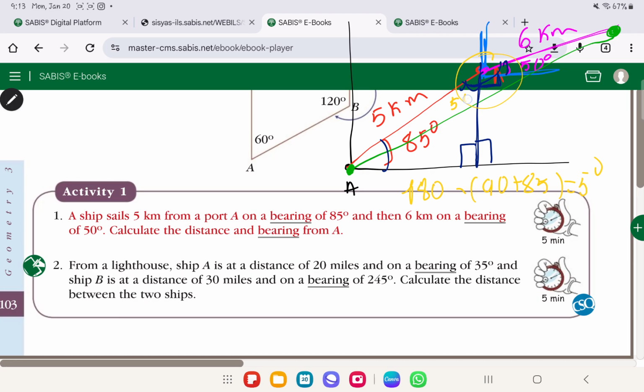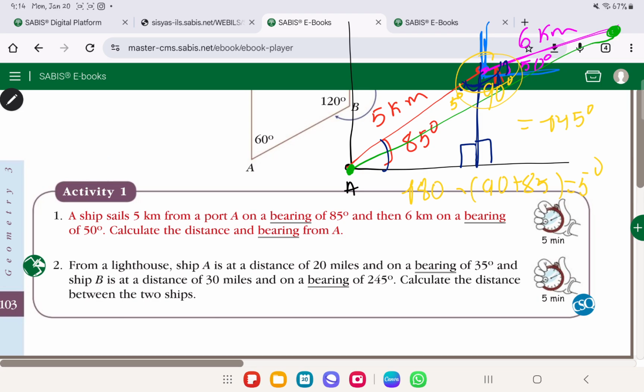So this over here is 5, not 50, sorry, it is 5. Then this over here is 90 because it is right. So the total angle is 50 plus 90 plus 5, which is 145 degrees. So we have the two sides and the angle in between them.